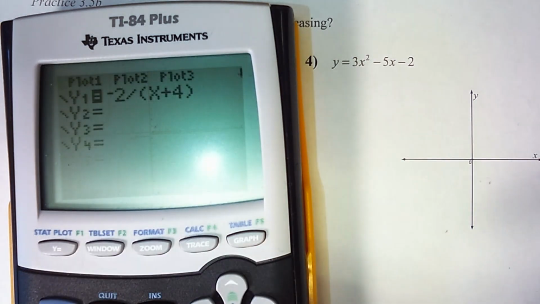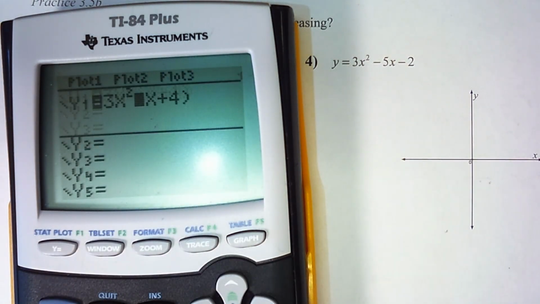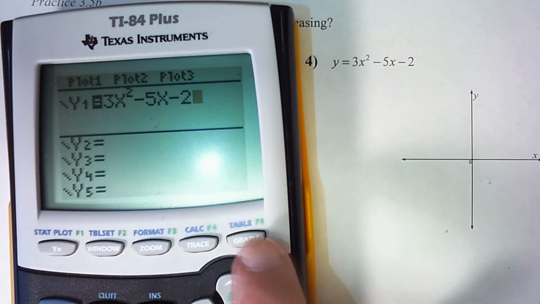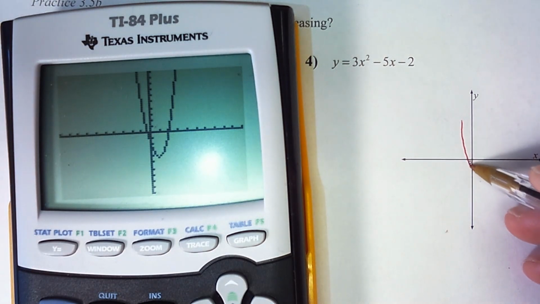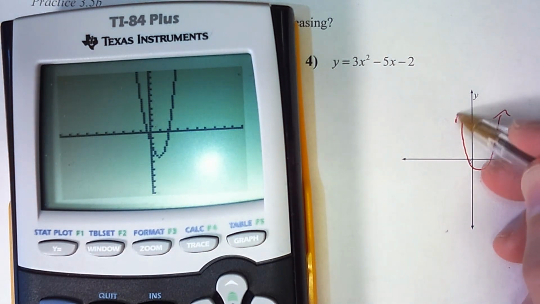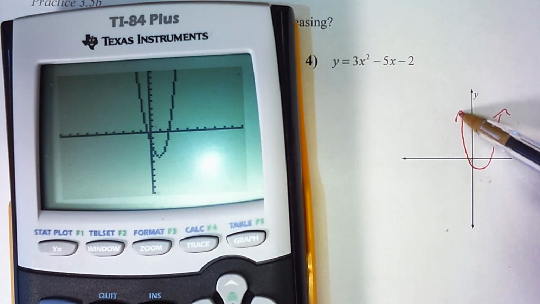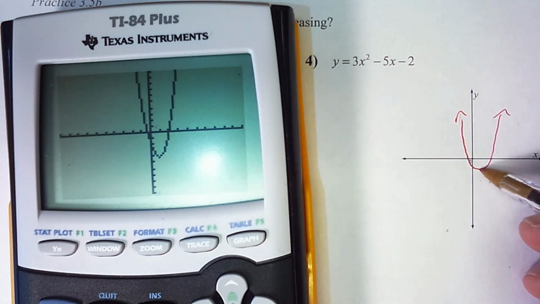Okay, back to y equals for our last graph, 3x squared minus 5x minus 2. So we have a parabola. And it's decreasing until it gets right here to this minimum value, and then it's increasing.